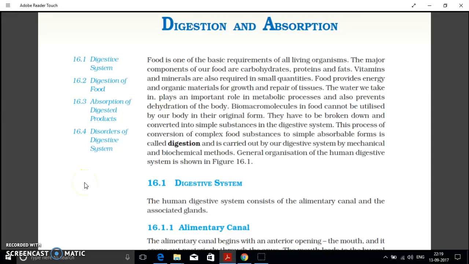So without wasting any time, I will start the digestion and absorption chapter from the NCERT. Friends, what I have seen during my MBBS time and during my pre-medical preparation is that the better way to learn is to go retrospective.